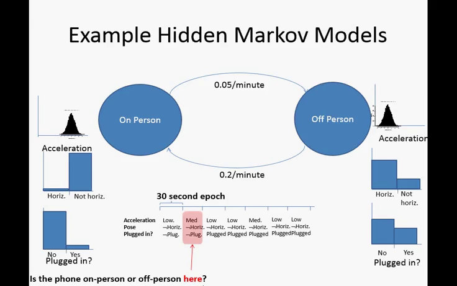Okay, given that you were in a certain state in the last time point, what's the likelihood you remain in that state in this time, or what's the likelihood you're in a given state in this time point? So it'll take into account not only these data here, but the transition matrix and the probability that you were in a certain state within the last time point. I haven't included that here in my presentation, but that's all included in the analysis that goes into these hidden Markov models.